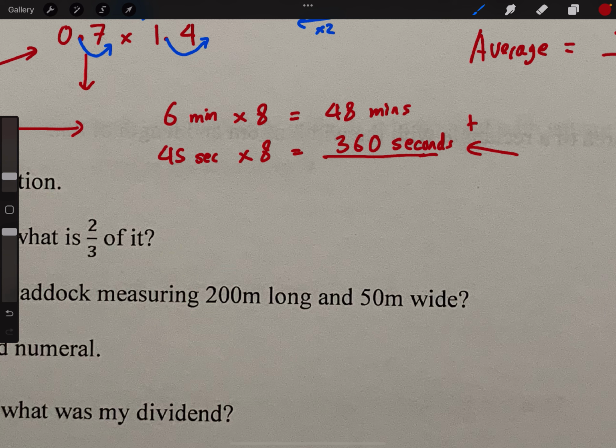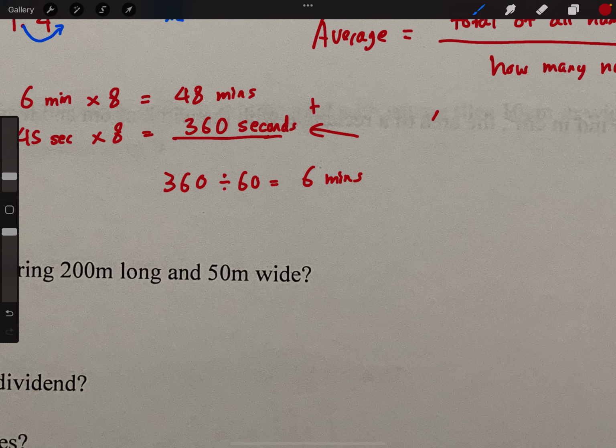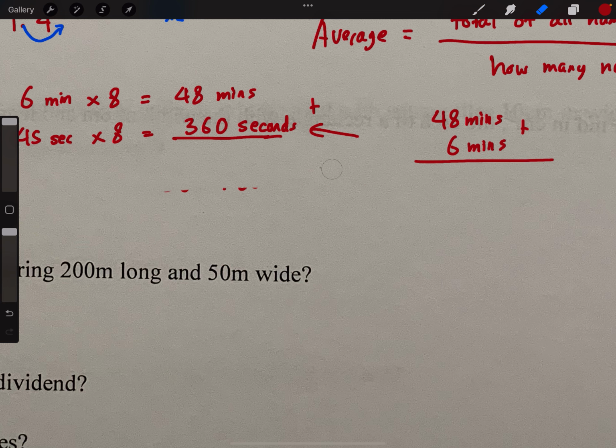How many minutes is in 360 seconds? So do 360, each minute is 60 seconds, so divide by 60. That's going to give you 6 minutes. So really, you got 48 minutes plus the 6 minutes. What's the time altogether? Alright, work it out.